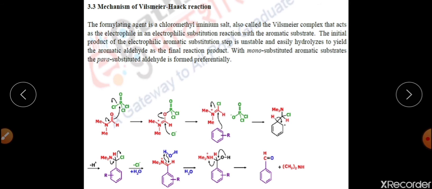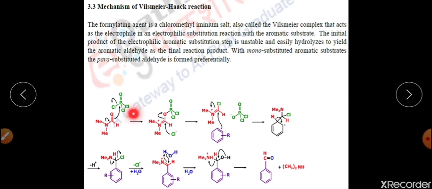So first of all, the mechanism starts with the reaction of N,N-dimethyl formamide with phosphorus oxychloride, in which the lone pair of electrons on the nitrogen will move towards this particular carbon to form N double bond C, and this C double bond O bond will now attack on this phosphorus with elimination of Cl negative.